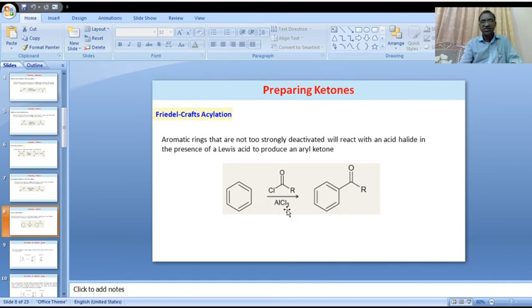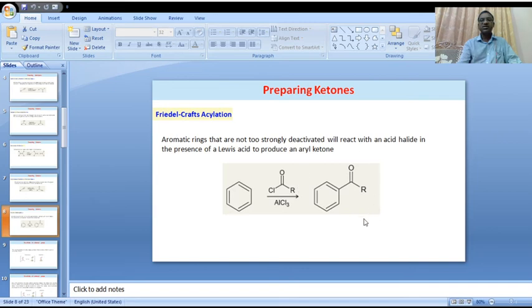In presence of this Lewis acid, the acyl group RCO forms, with breakage of Cl and also loss of hydrogen. On that place there is an attachment of this acyl functional group. The acyl RCO functional group attacks on this carbon.